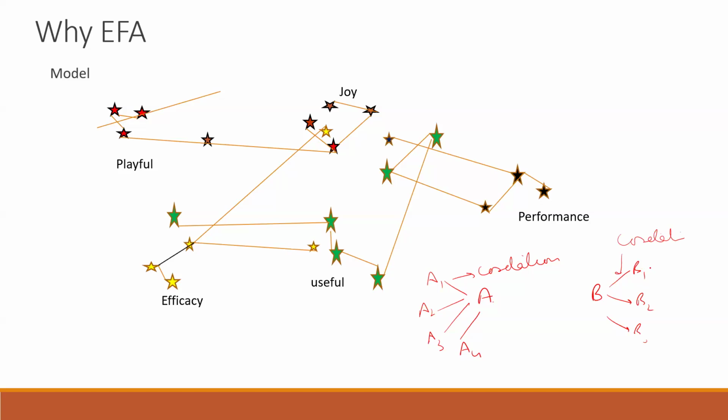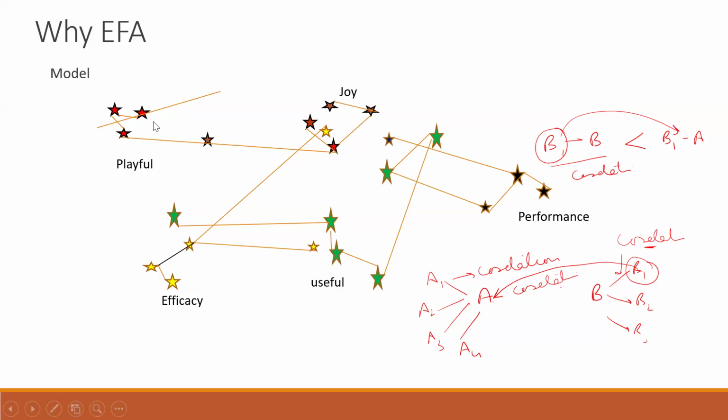But there is also a possibility that this B1 also has a correlation with A. Now, suppose the correlation of B1 and B is less than the correlation of B1 and A. So this B1 will move from B to A because it is highly correlated with A. So the items which are highly correlated with any of the variables will move to that specific construct. So that is what is happening in this.